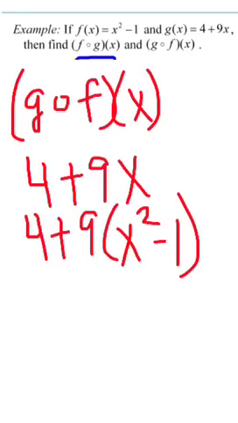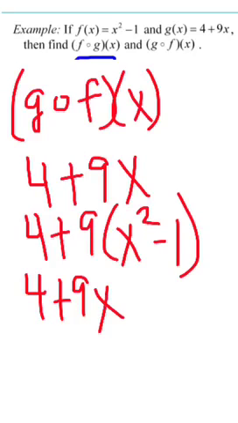All we need to do now is use the distributive property, multiply that 9 times everything, and combine like terms. That gives us 4 plus 9x squared minus 9, and 4 minus 9 will give us a negative 5.